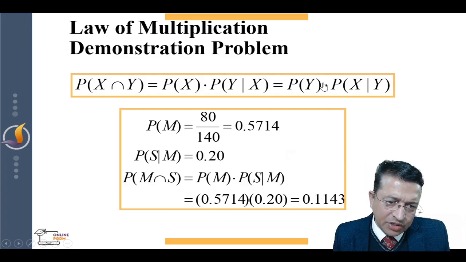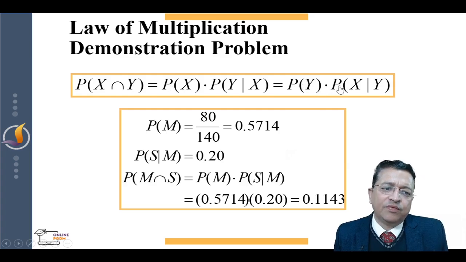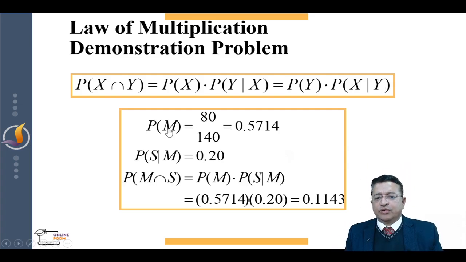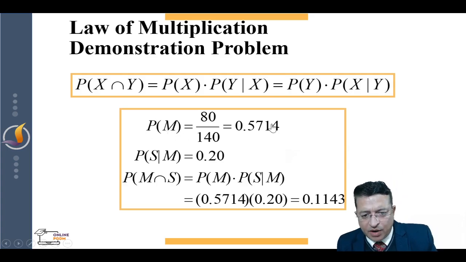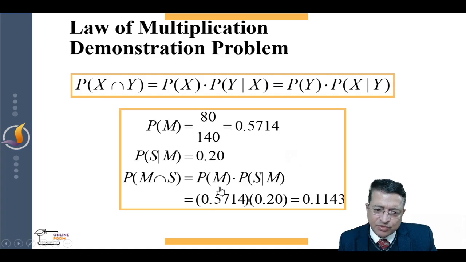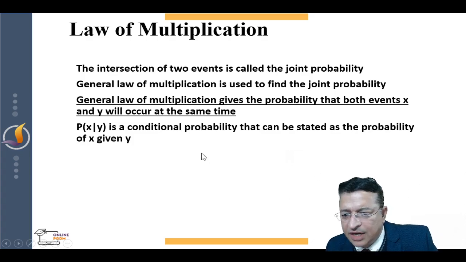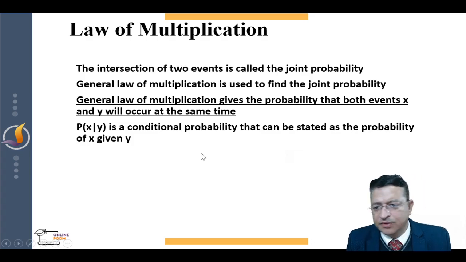But if the probability of y comes first, then we have to look for the probability of x given that y has already happened. If these probabilities are given, you simply multiply them and get the answer. But how to do it if these probabilities are given in a table and this question is asked? We will see that.